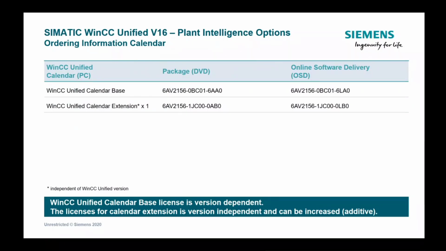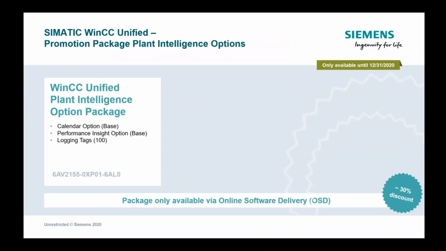We also, as I mentioned, have a bit of a promotion. So if you like the look of some of the options, you want to try these out or get started on your first project, we have an introductory offer that's available until the end of this year. This discounts the overall list price by 30%.